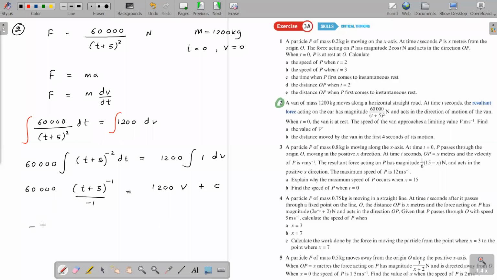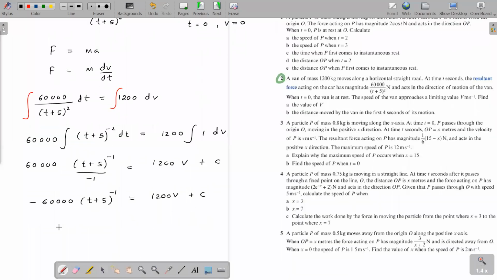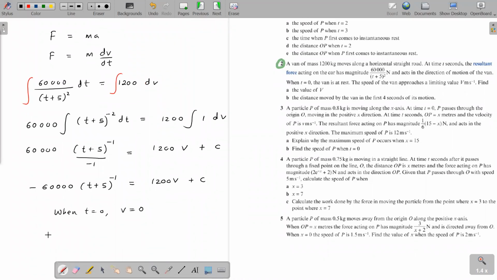So let's rearrange. This is minus 60,000 into (t plus 5) to the power minus 1 equals 1200 v plus c. Substitute when t equals 0, v equals 0. Minus 60,000 into (0 plus 5) to the power minus 1 equals 1200 into 0 plus c.